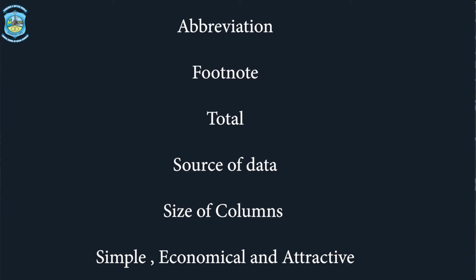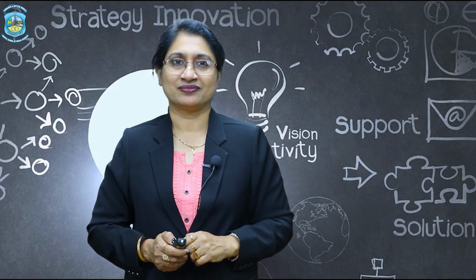Abbreviations should be there, short footnotes can be there, a column for total should be there, source of data, size of columns, and of course it should be simple, economical and attractive.